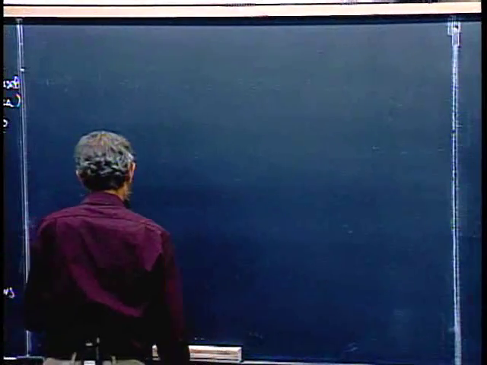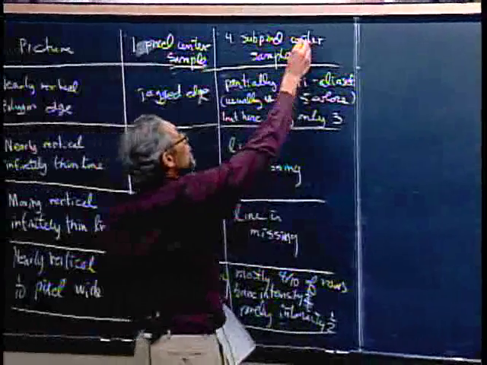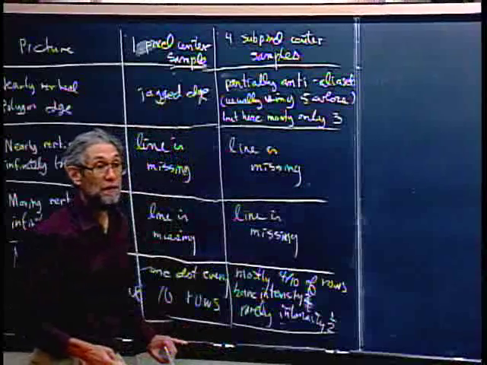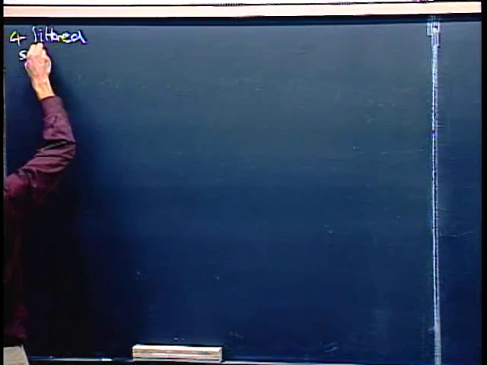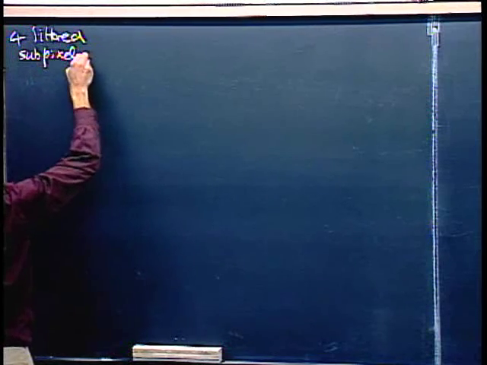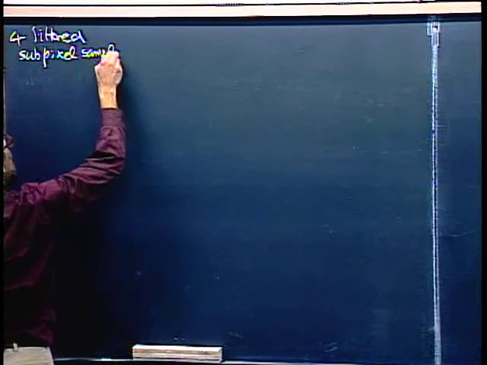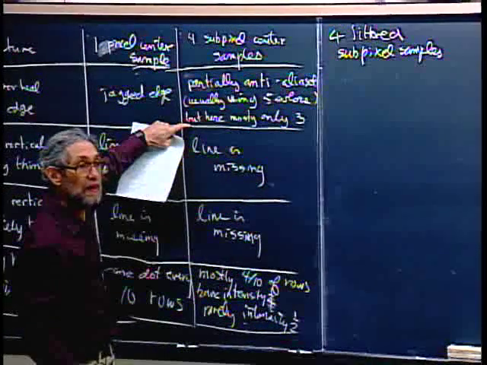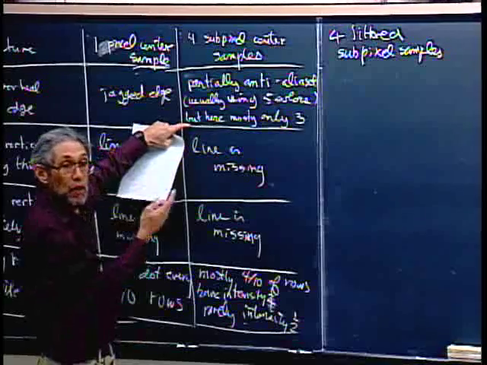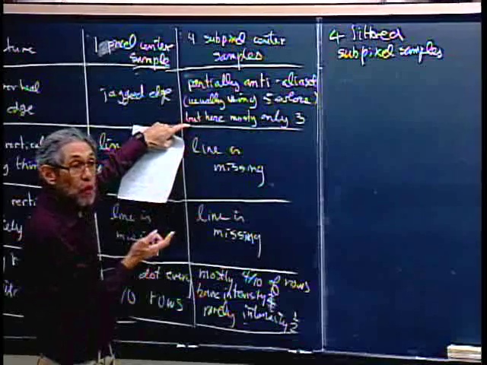Okay, now, I didn't have a column for jittered subpixel samples. But what is that going to do? Since I thought about it, let me add it here. Here, because they're jittered, I think you're more likely to be able to get other numbers more often, right?